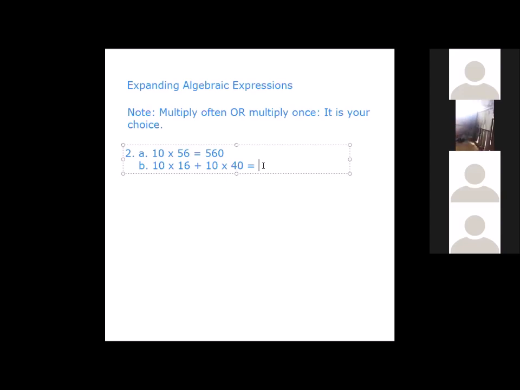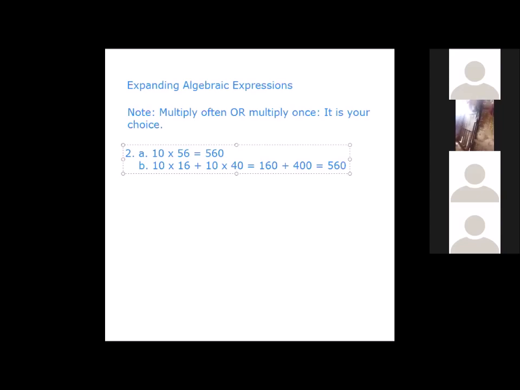Girls, if we're going to have 10 times 16, that's 160. Plus 10 times 40 is 400, which also gives us the same answer with letter A, which is 560.